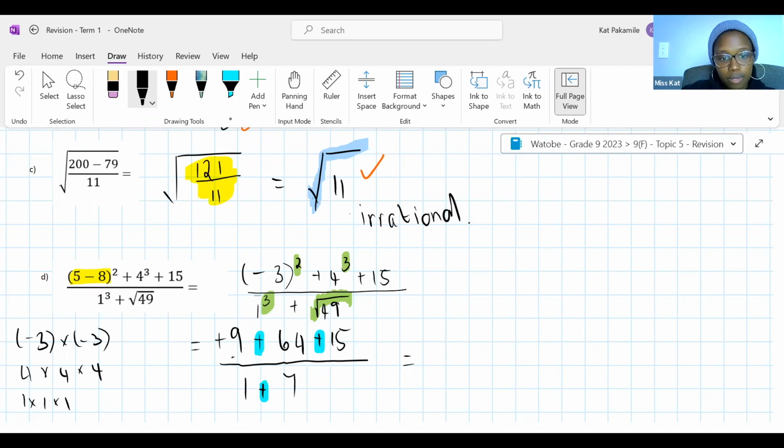We have 88 over 1 plus 7 is 8. Can we simplify this fraction? Yes. How do we simplify it? 88 divided by 8, which is how much? 11. See, it wasn't that bad, Elsie.